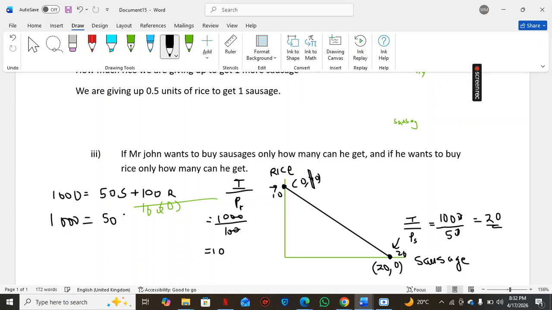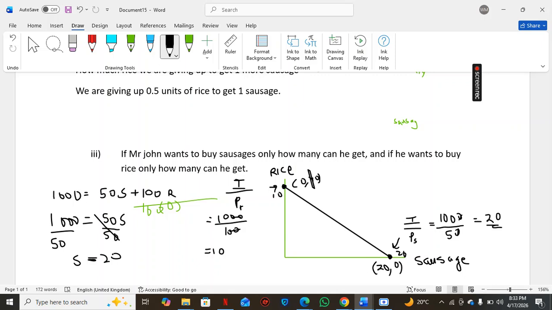S, remember, is just the quantity of sausage. So to find S, divide both sides by 50. 1,000 divided by 50. As you can see, this is I over PS, the same thing we're doing here. So 1,000 divided by 50 equals 20. That's the other way you can do it.